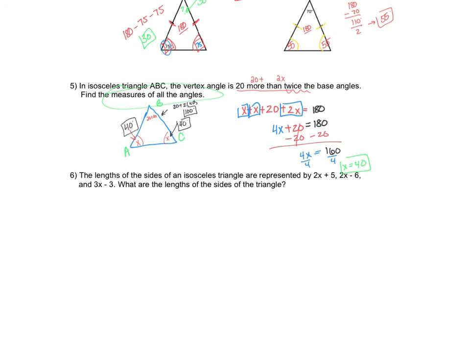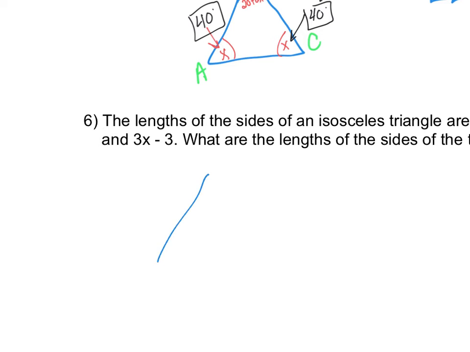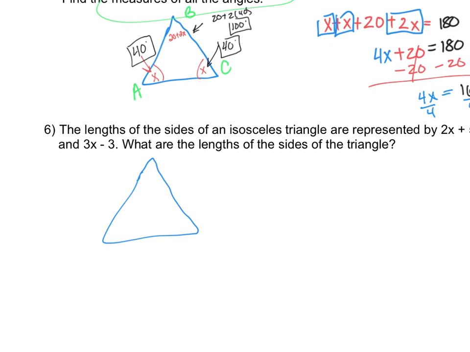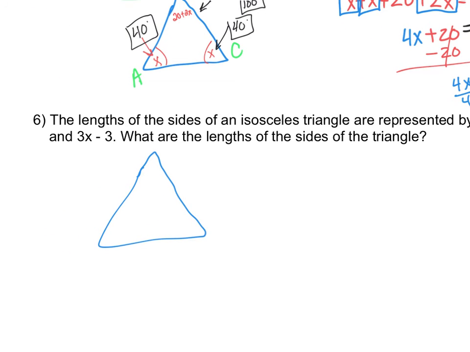Number 6. The lengths of the sides of an isosceles triangle are represented by 2x plus 5, 2x minus 6, and 3x minus 3. What are the lengths of the sides of the triangle? So this one's actually a bit of a guess and check. We don't know which sides are equal to each other, so we're just going to draw a generic triangle and put our 2x plus 5, 2x minus 6, and 3x minus 3 wherever.